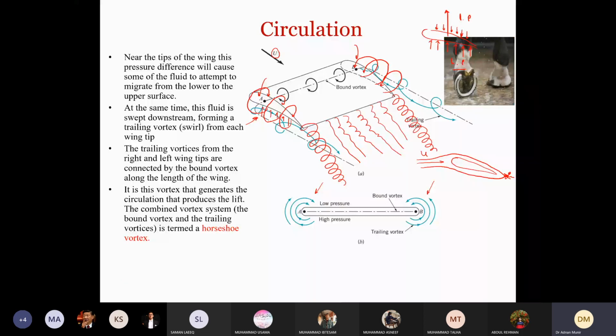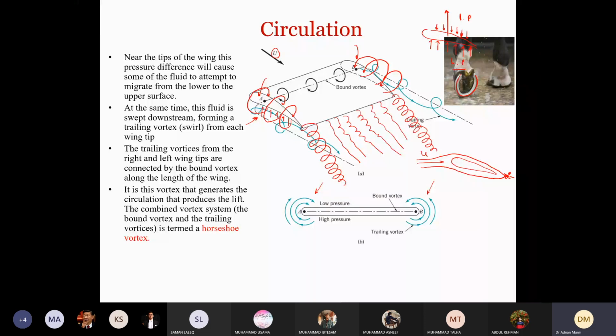And these horseshoe vortices we have because of the end effects, so they are also called the end effects. For example, we not only have these horseshoe vortices in the case of a wing, we also have these horseshoe vortices in the case of a circular cylinder. We'll see that later on.